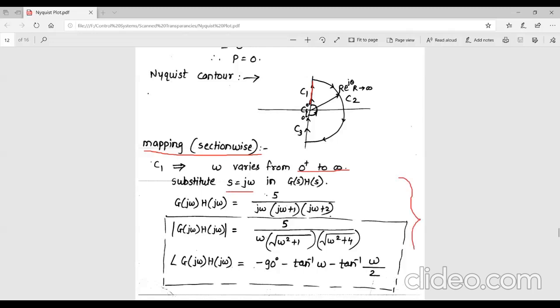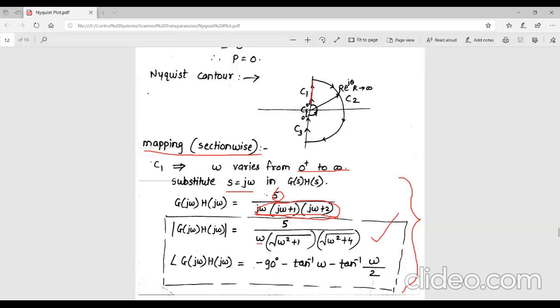All of this method remains the same. Please remember this, right? So G(j omega)H(j omega) comes out to be 5 upon j omega into (j omega plus 1) into (j omega plus 2). Just substitute j omega in the place of s. Now its magnitude comes out to be 5 upon omega into square root of (omega square plus 1) into square root of (omega square plus 4), just by taking the magnitude of each term. So this is the magnitude of the transfer function, and this is the angle.